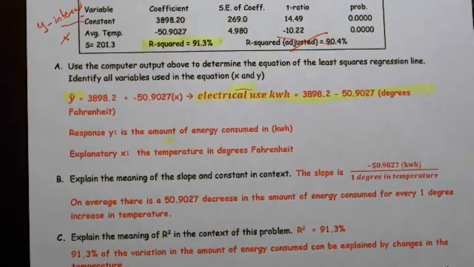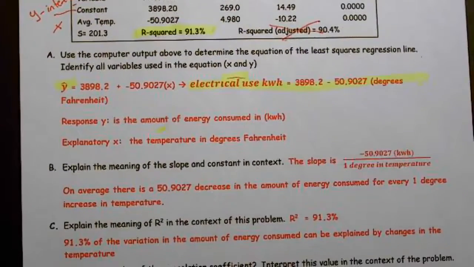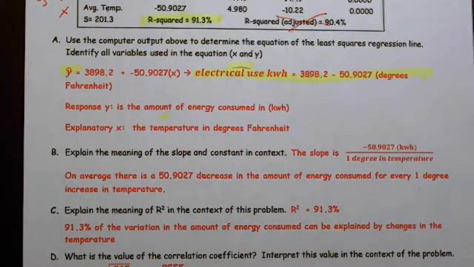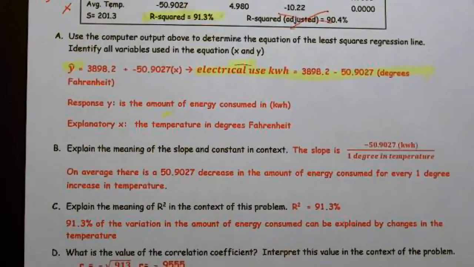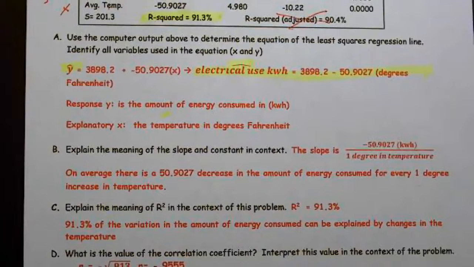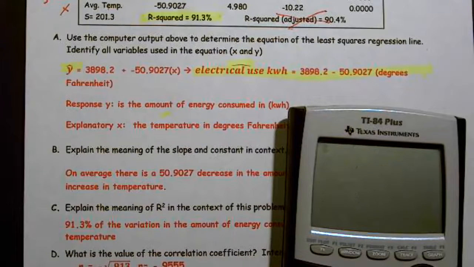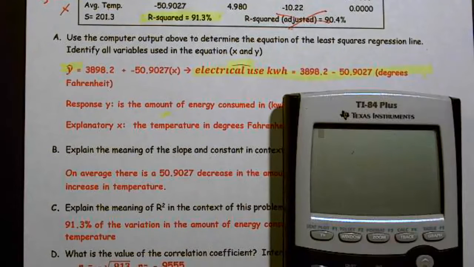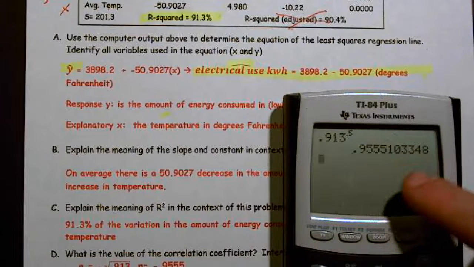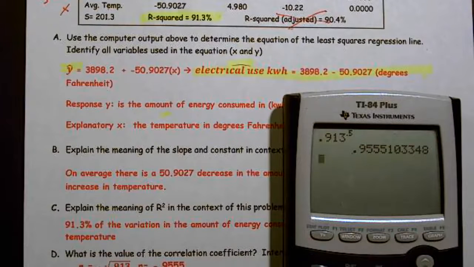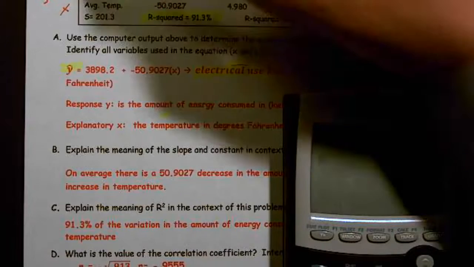The next thing it asks for is the correlation coefficient. Interpret this value in the context of the problem. Well, for the correlation coefficient, we can just take the square root of R squared. So in this case, we had 0.913. And we take the square root of it, and we get 0.9555. But one other thing we must do is check the sign of our slope.